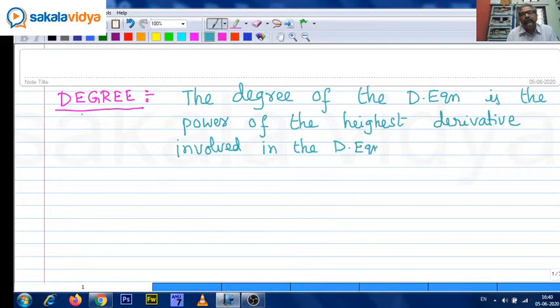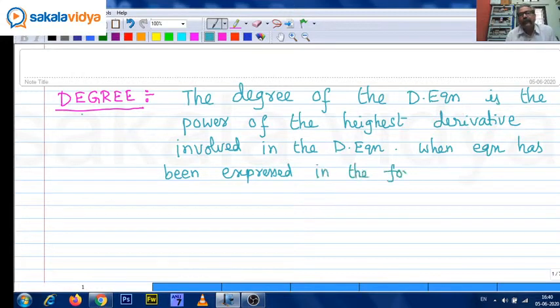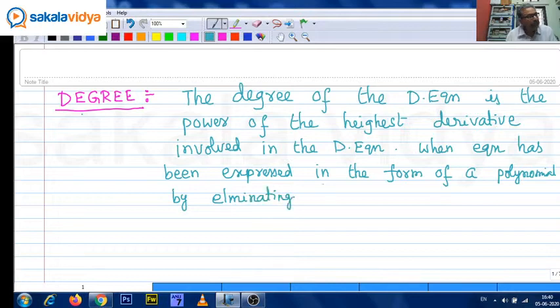But one thing you need to keep in mind is that the equation has to be expressed in the form of a polynomial by eliminating radicals.